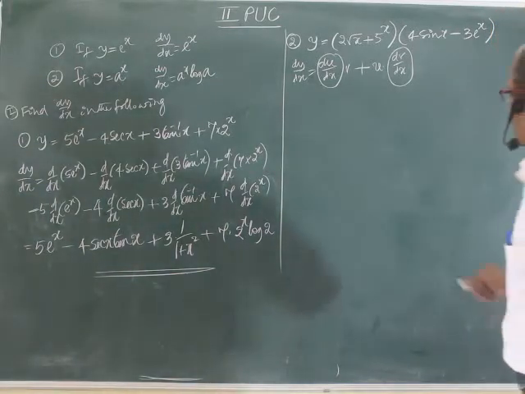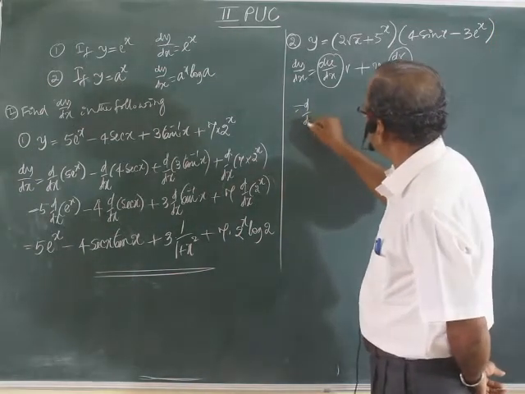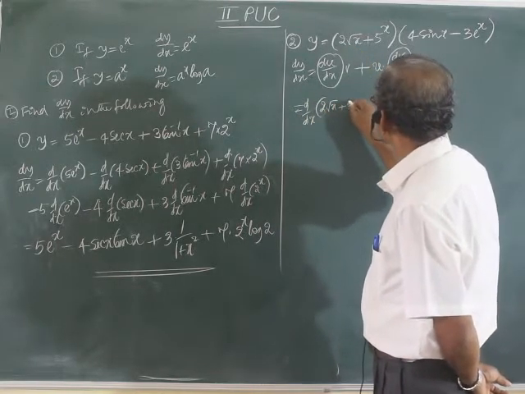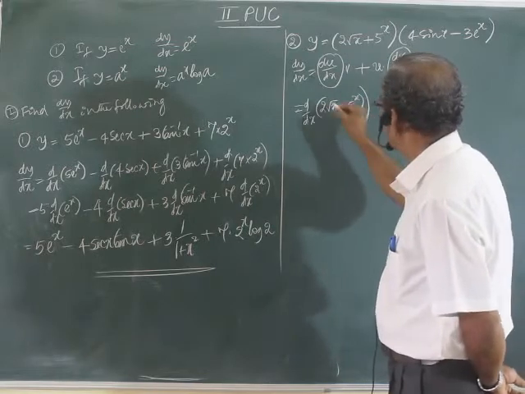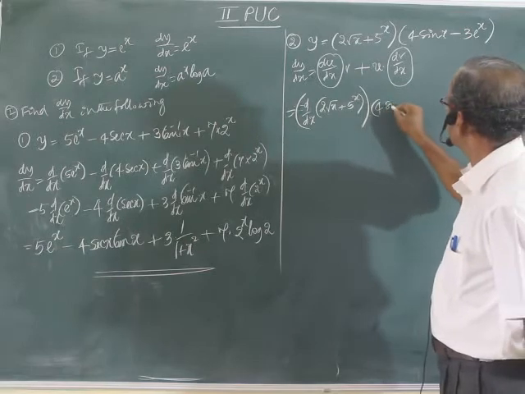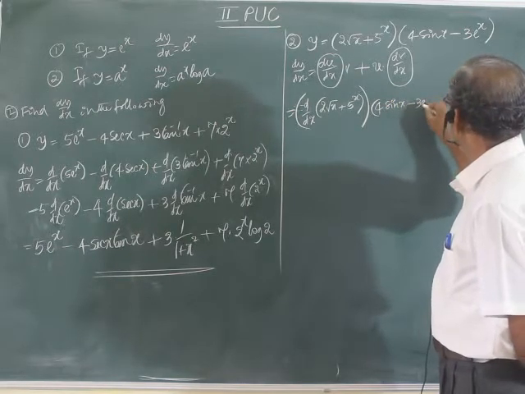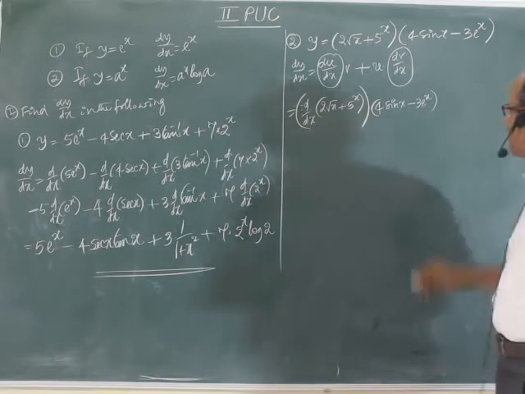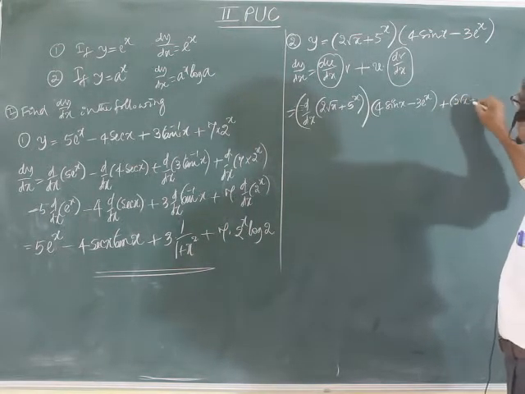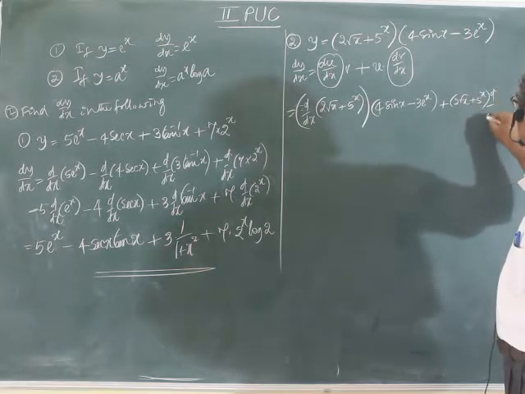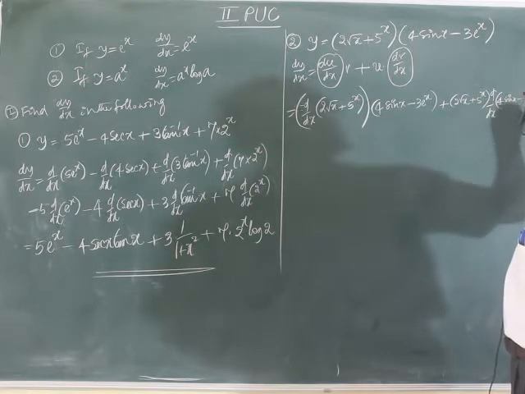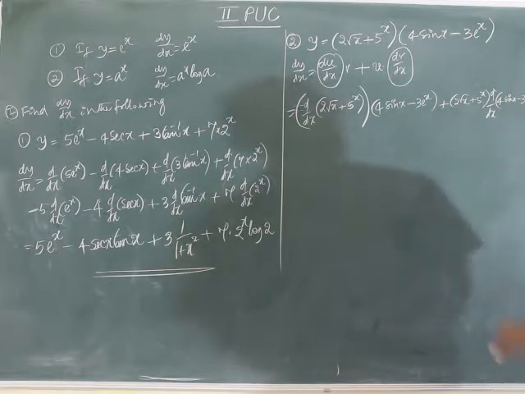Next, d by dx of u is this one, 2 root x plus 5 to the power x, into the second v as it is, 4 sin x minus 3 e to the power x, plus 2 root x plus 5 to the power x as it is, d by dx of 4 sin x minus 3 e to the power x. Write correctly.